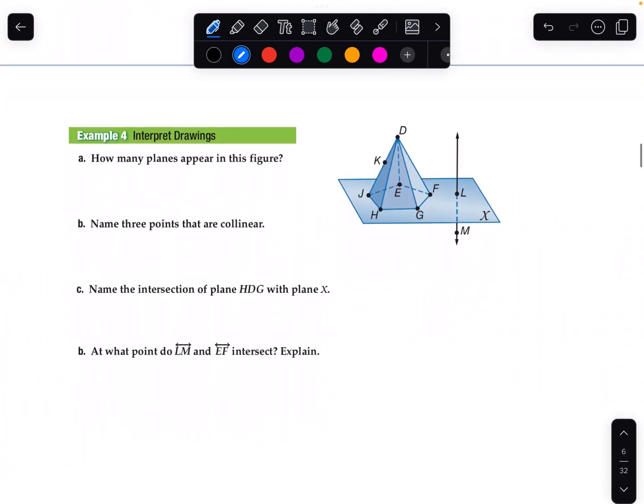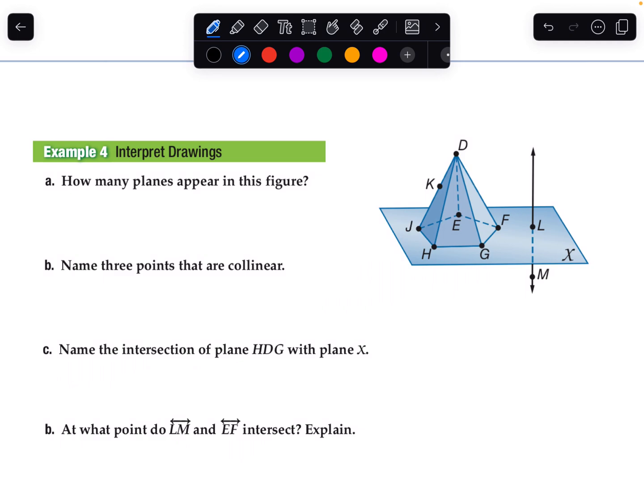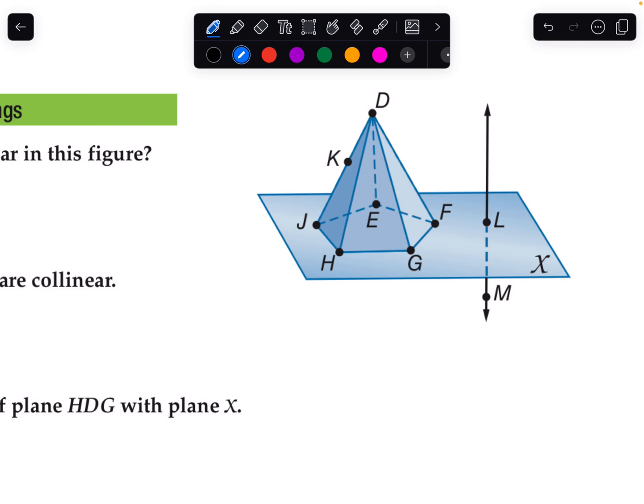And finally, example number 4, interpreting drawings. We are looking at the provided figure and counting and identifying particular features here. So first, how many planes appear in this figure? Let's go with the obvious one. You got number 1, this big sheet of paper right here.